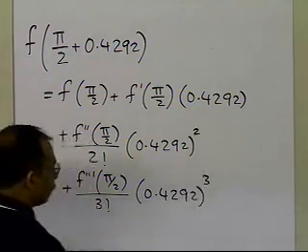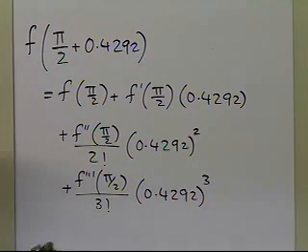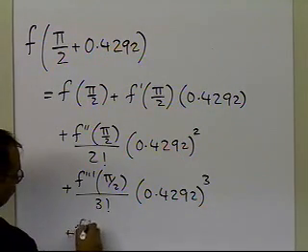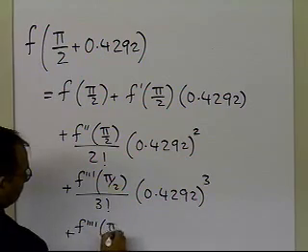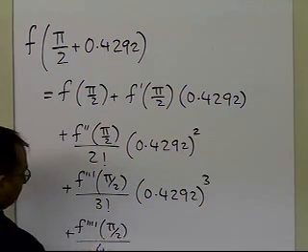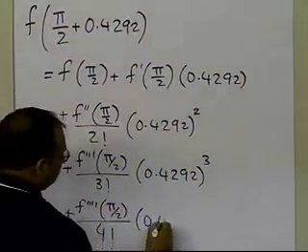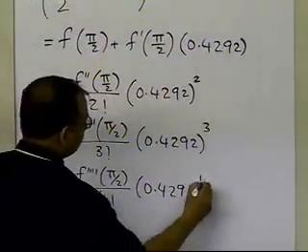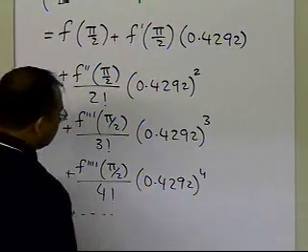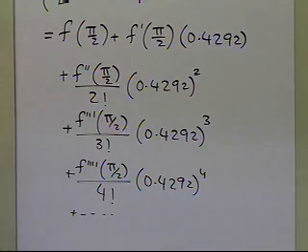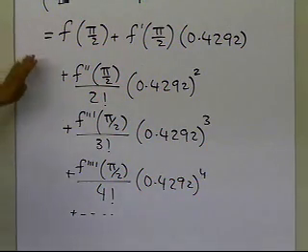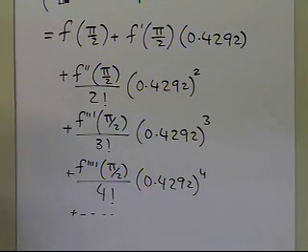So h is 0.4292, so I cube that, and plus, let's suppose the fourth derivative also we will take. And so on and so forth. So you can see that I've not used all the terms of the Taylor series here, but I've used the first 5 terms of the Taylor series here.